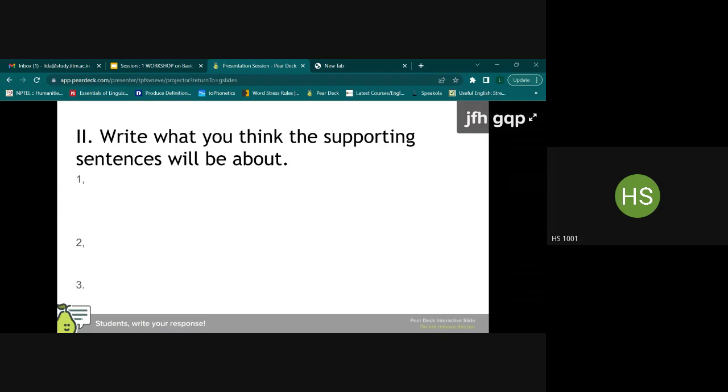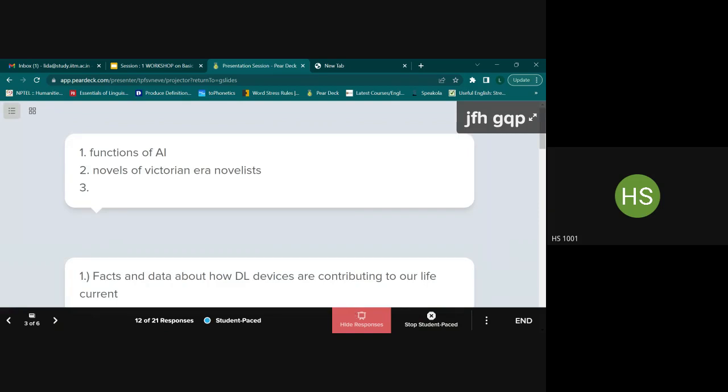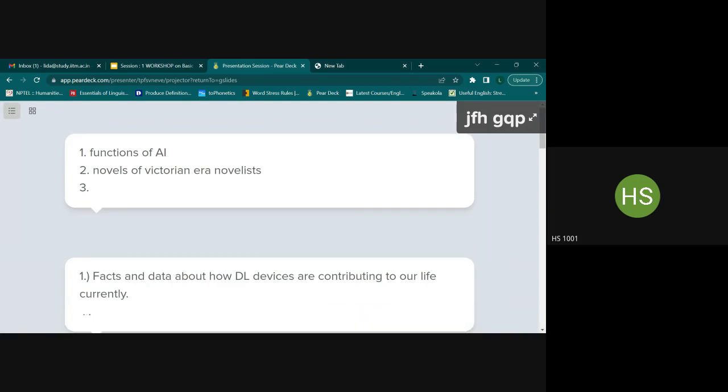AI can make your life easier. Okay. Functions of AI, yes.